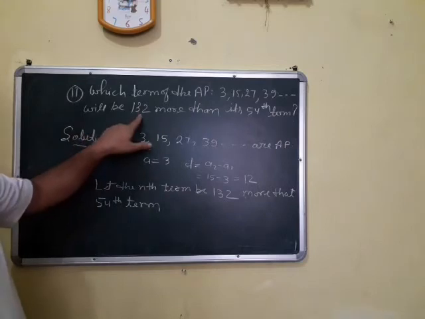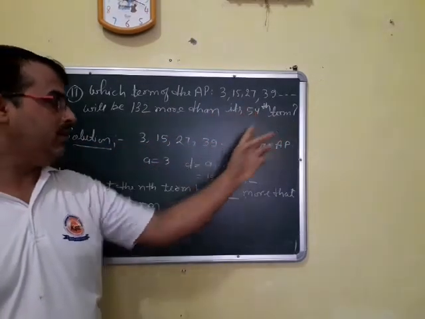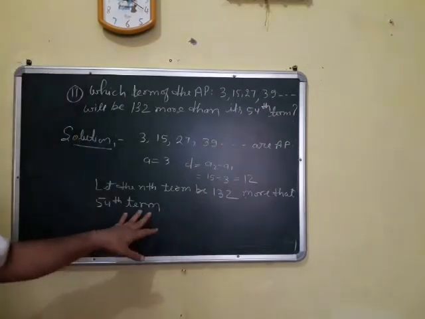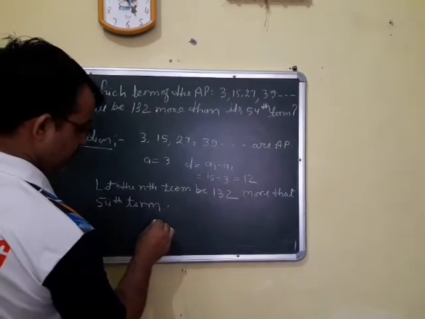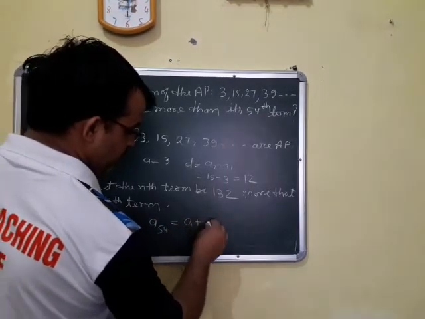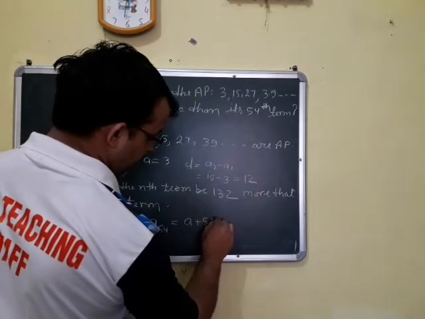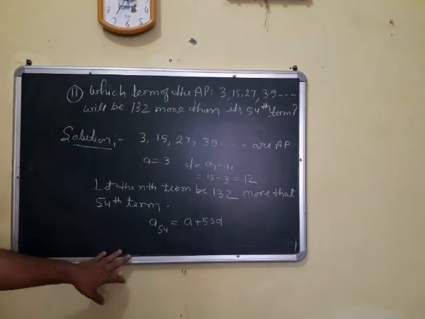It will be 132 more than its 54th term. This one is clear. So you know that the 54th term, A54, we get A plus 53D. This one is clear. So find the 54th term here.